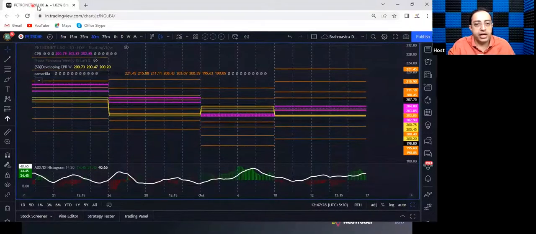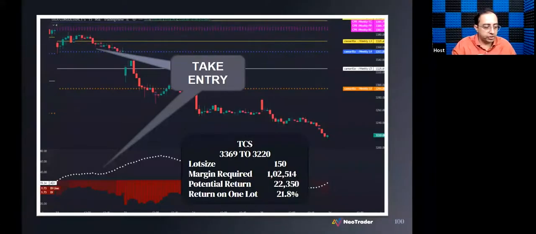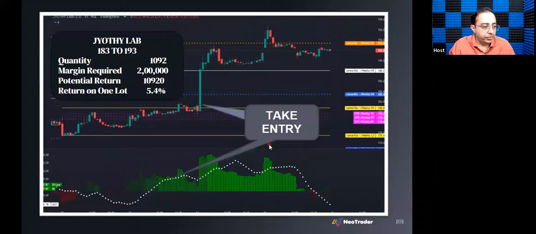Camarilla by Ganesh04, select that. You will be able to get a similar plot. Again, the moment it crosses H3, you can participate for a target of H5 and H6.